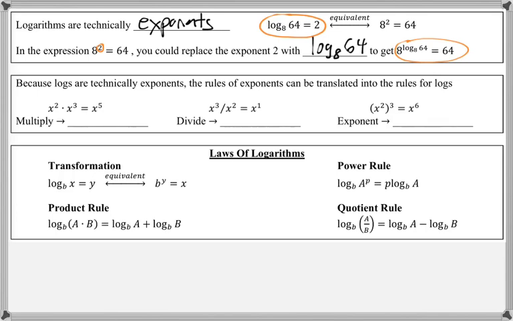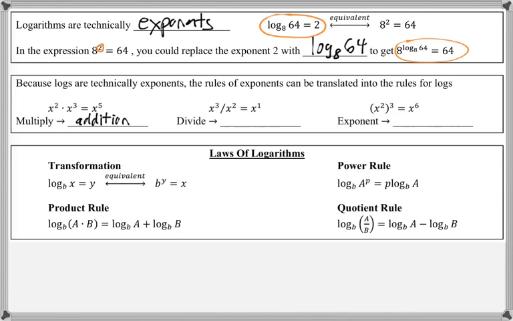So let's just look at x squared times x cubed is equal to x to the 5th. When I multiplied my like bases, I wanted to add my exponents. So I'm changing a multiplication problem into an addition problem. If I have x cubed divided by x squared, I'm subtracting the exponents.